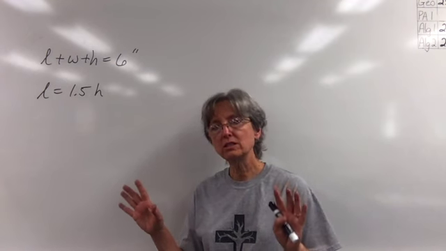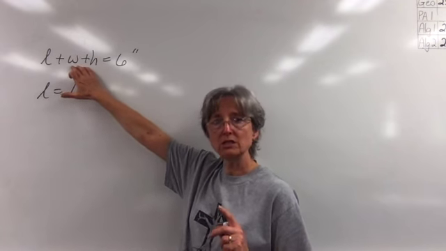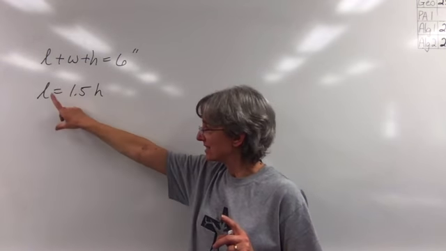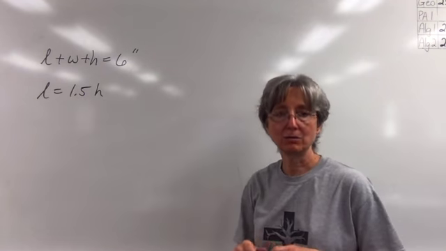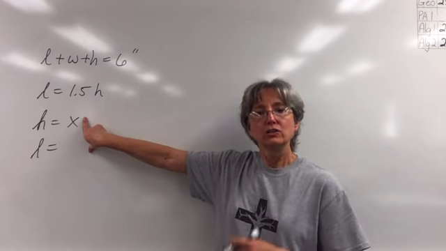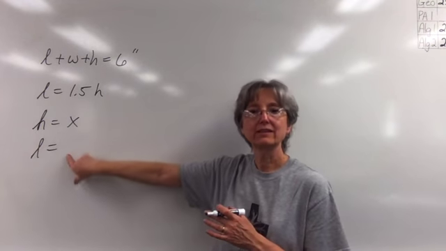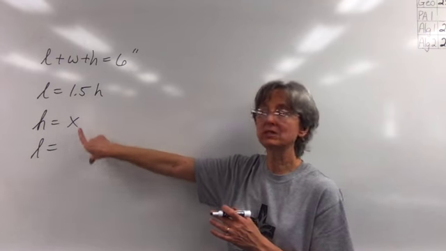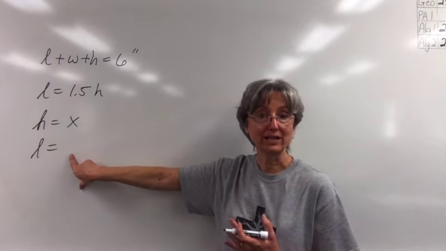So we want this to deal with just one variable. We are going to use this information. Since the length is 1.5 times the height, let's make the height be x. So if we designate our height as x, and we know the length needs to be 1.5 times the height, then let's make L 1.5x.